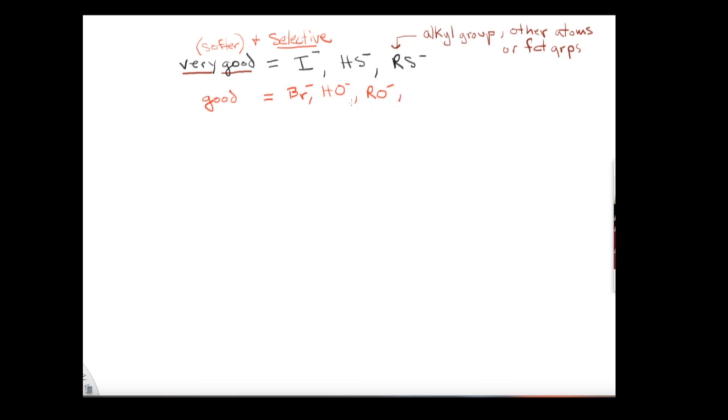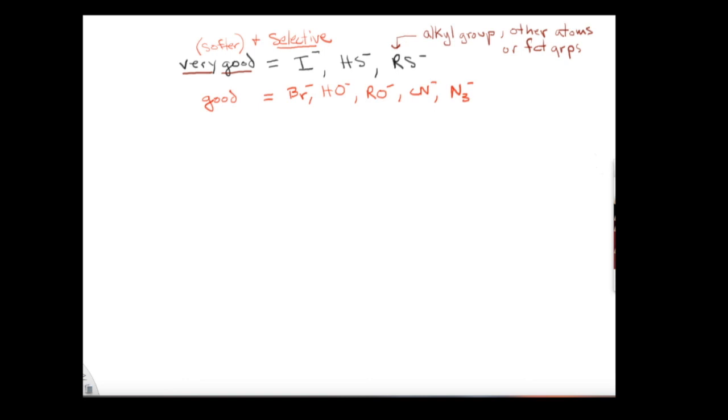All of them we've used in the laboratory. We have cyanide as another example, and then azide. These are the common ones you find in organic textbooks, and they're all good nucleophiles.